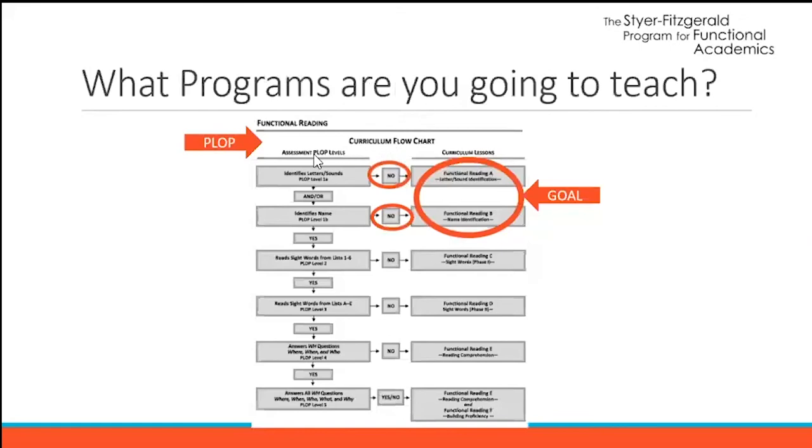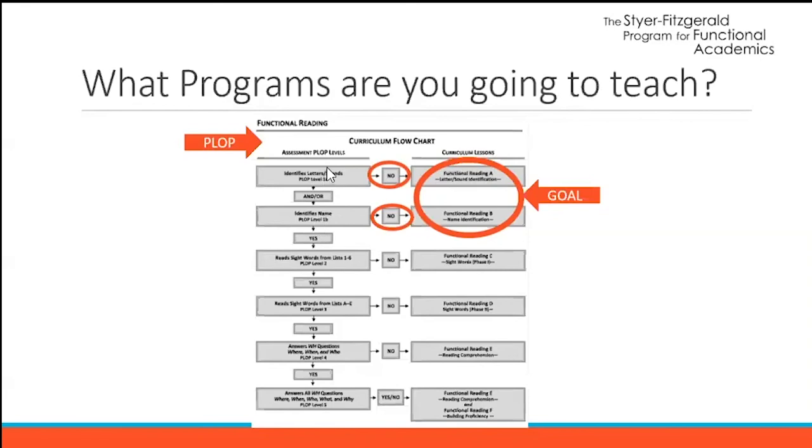Looking at your curriculum flow chart, letters and sounds, could the student do letters and sounds? Nope. So you're going to go across, and that's going to be the lesson plan you're going to start. Notice under letters and sounds, there's an and/or. That means these two things, letters and sounds and name identification, are done at the same time, right?